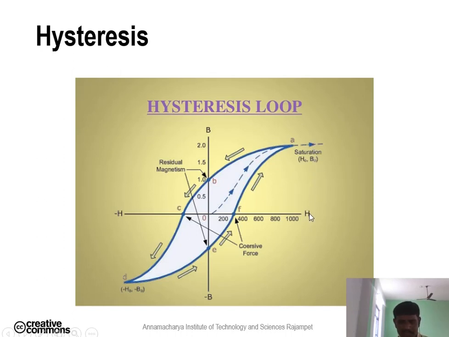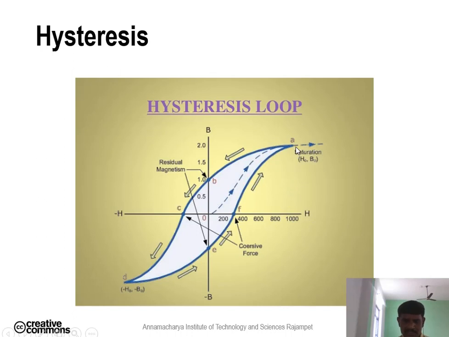Beyond this magnetic field, with increasing field, the magnetization does not increase and remains constant. Then the applied magnetic field gradually decreases to 0.